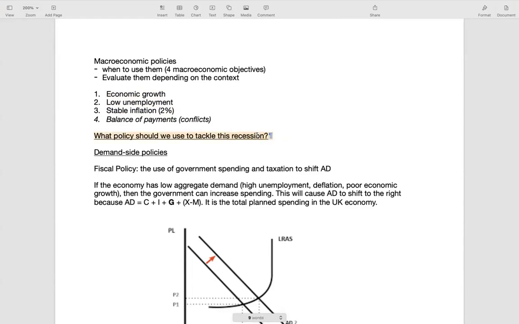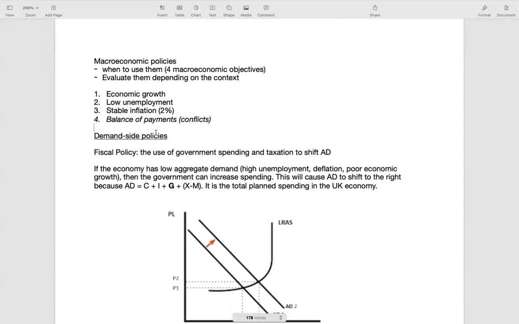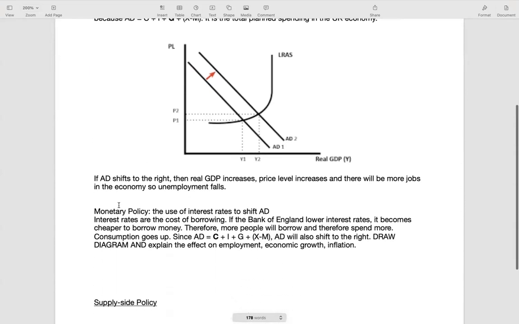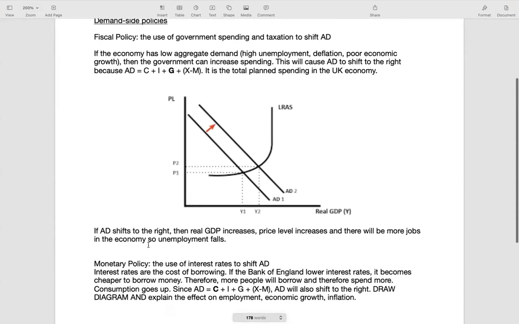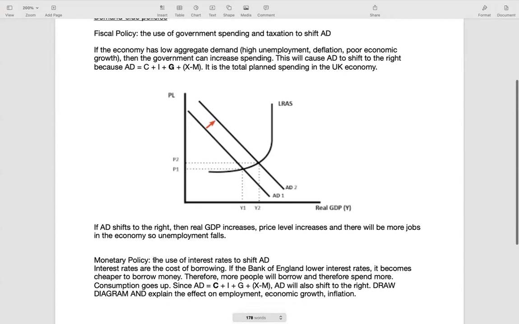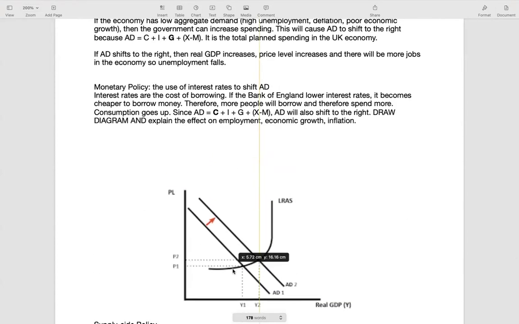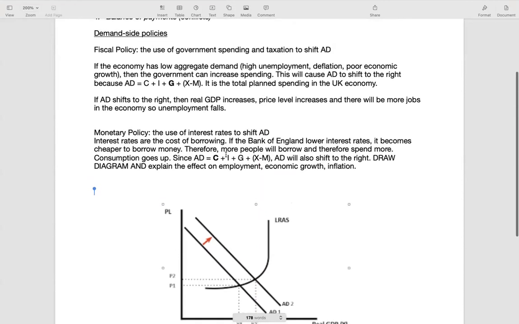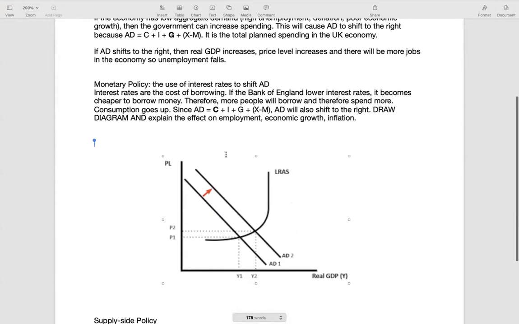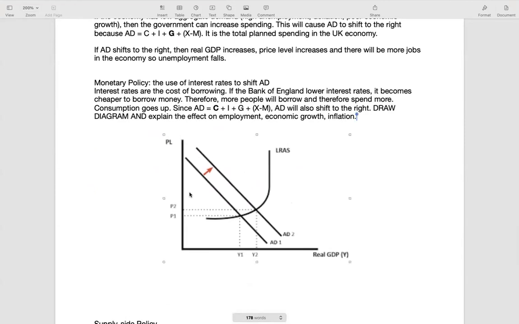And then you'd probably go through both of them and explain the effects of them. Make sure you refer to the graph as well by saying like we go from P1 to P2 and Y1 to Y2 and stuff like that.